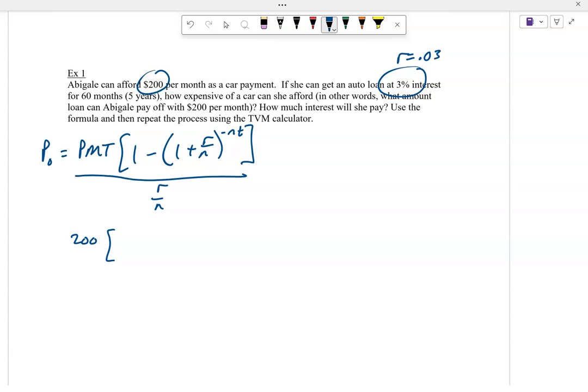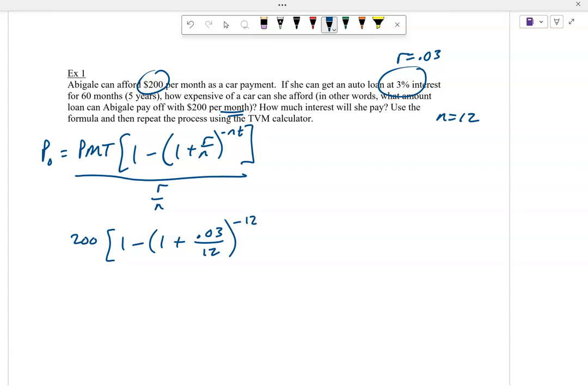So I got 1 minus 1 plus 0.03 over N. Our compoundings are per month, so our N is 12, monthly.